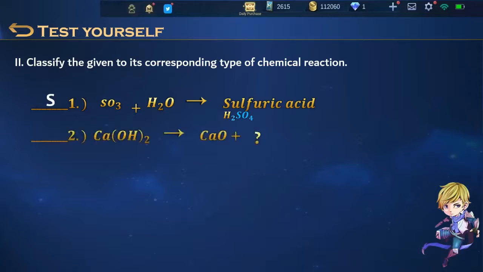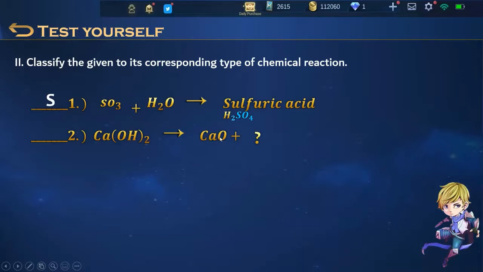Okay, let's have the second example. We have calcium hydroxide. Guess ang isa sa compound sa atong lacking. What's missing sa atong product? Calcium oxide. So i-distribute, so that is O2H2.